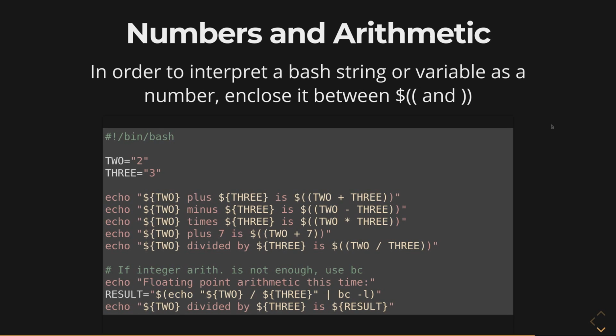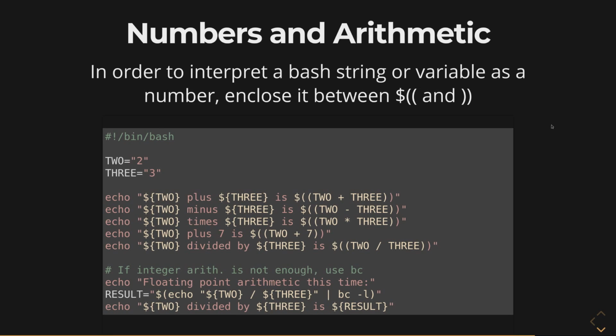So, as an example, I'm piping the string 2 divided by 3 to the tool bc. bc is a simple calculator thingy. It does more than just calculations, but if you wanted to do floating point arithmetic, you have to add -l. Otherwise, it behaves just like bash. bc -l provides floating point arithmetic.